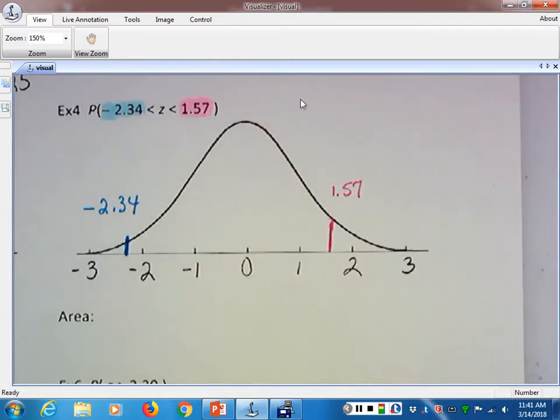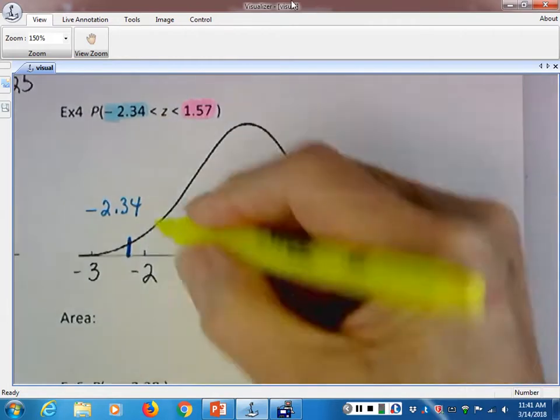And then we want the area between those two. So the area that we're looking for is this area.